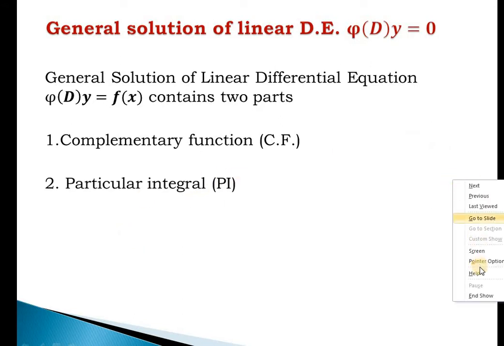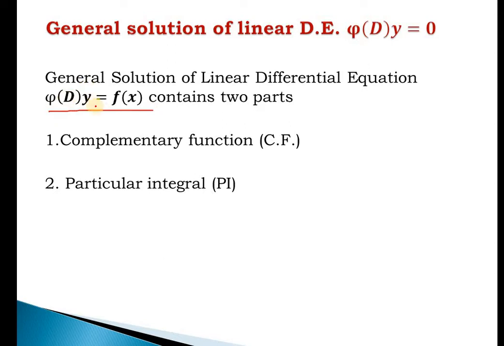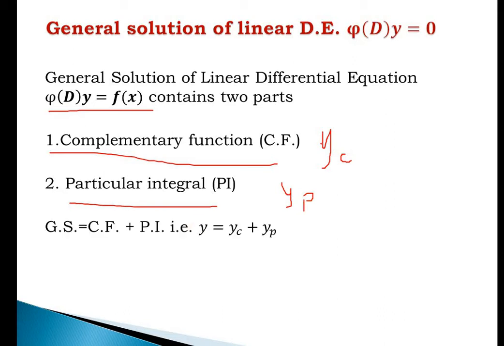The first part is known as the complementary function, denoted as CF or y suffix c. The second part is the particular integration, known as PI or y suffix p. So the general solution is CF plus PI, or y is equal to yc plus yp.